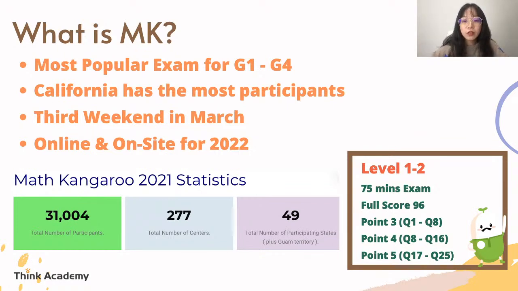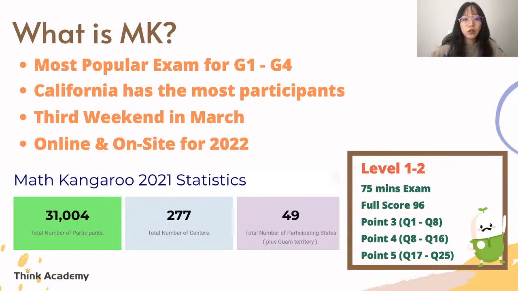In 2022, the Math Kangaroo competition will be held on March 17th, and it will be available both online and on-site. Last year there were 31,000 participants, and Think Academy is one of the hosting testing centers for it.